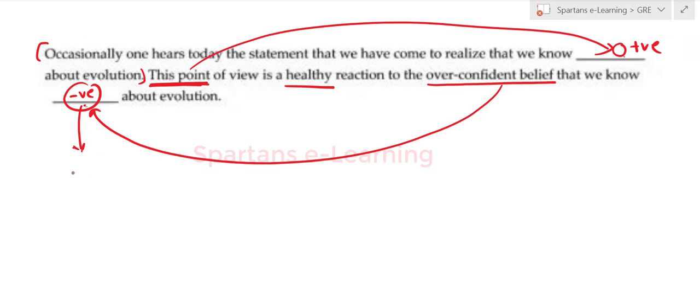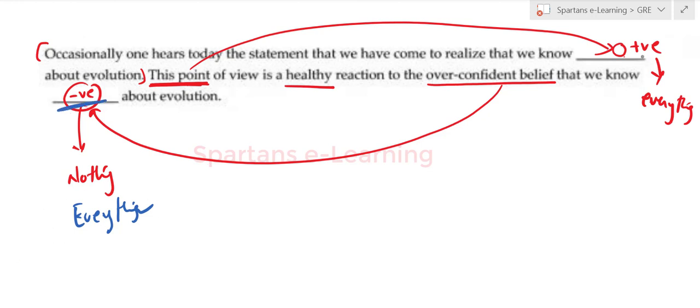Okay, so negative meaning means it will be nothing, positive means it will be everything. But as I told you, don't go by literal meaning, you should go by the sense of the sentence. Now this is a negative connotation word, right? So you should not use nothing here, it should be everything, because knowing everything is treated as overconfident. So knowing everything is a negative thing, not just this word, right?